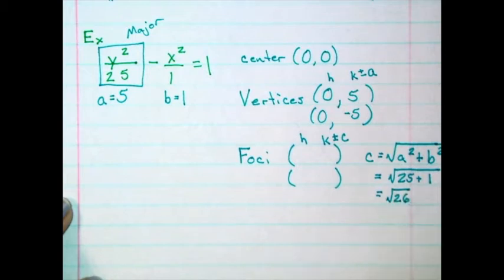Now remember we talked about how it might not be perfect. So if we take the square root of 26, we get about 5.1. So we'll just get this one close.